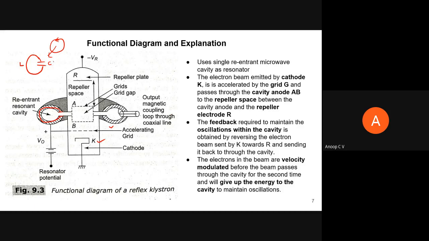That electric field will be either upwards or downwards depending upon the direction of current flow, right? So you can see this resonant cavity is nothing but a continuum of such LCs, many such LCs arranged one after the other.